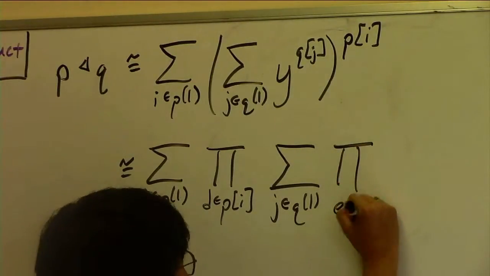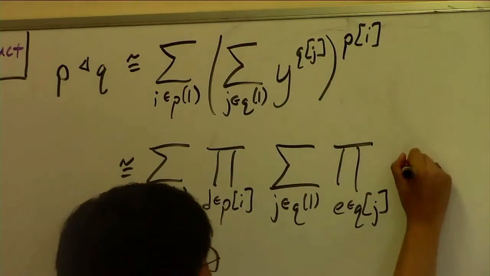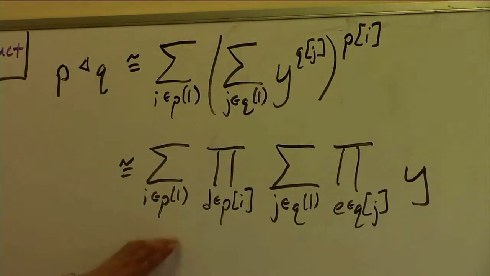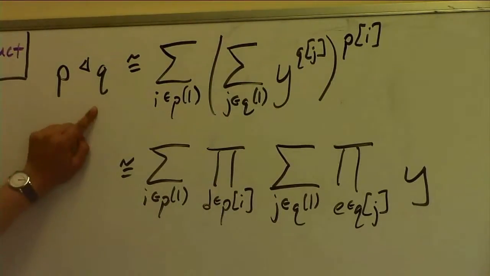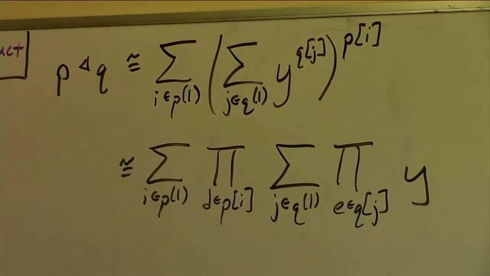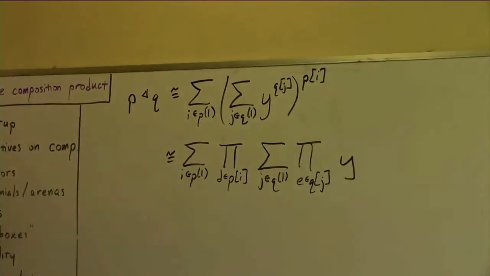And this is the alternating sum product pattern that you see in game theory or something, and we'll see how this pattern really encapsulates exactly what we mean when we think about the composite of two arenas.